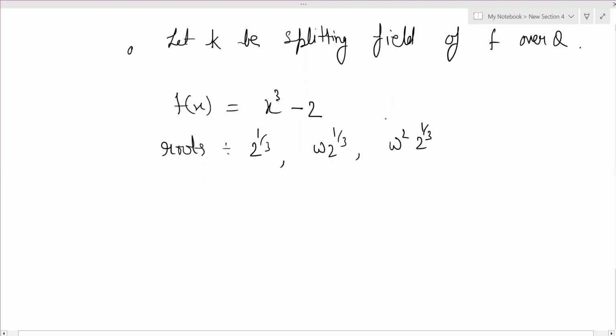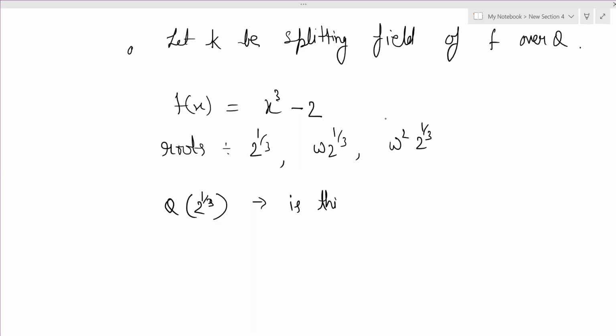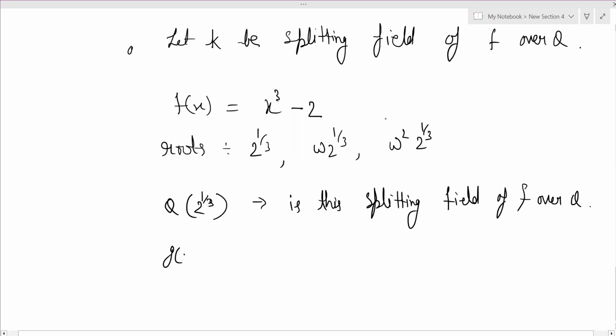Now see this field, Q adjoined with 2 to the power 1/3. Is this a splitting field for f over Q? I will give you two examples: one is a splitting field, one is not. The second one is g(x) = x squared minus 2.